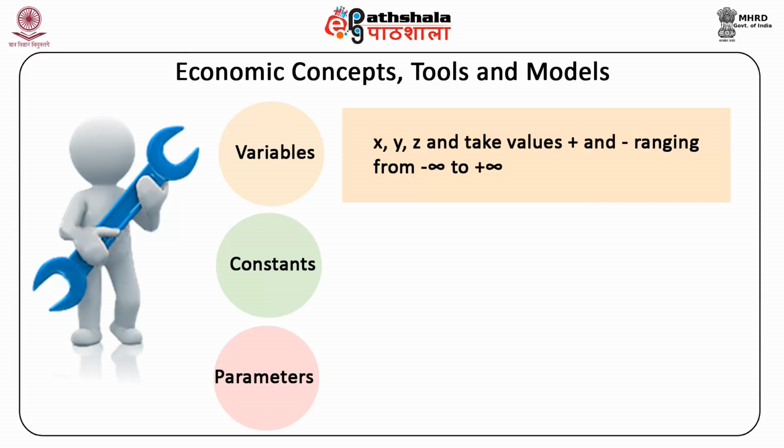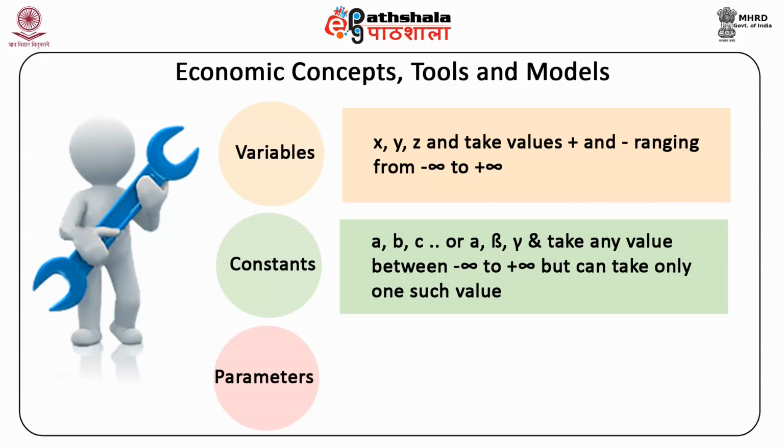Constants are the entities that for one particular analytical exercise take one particular value. They are usually symbolized by A, B, C or alpha, beta, gamma and can take any value between plus minus infinity but can take only one such value during a particular analysis.